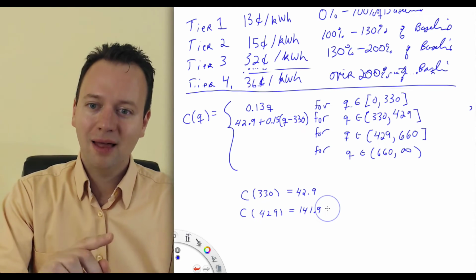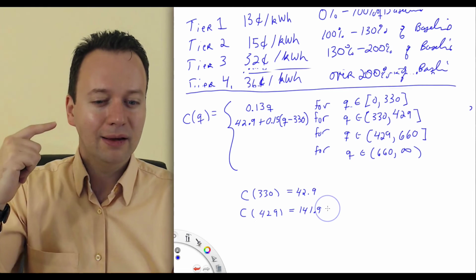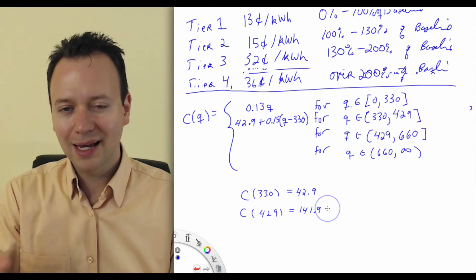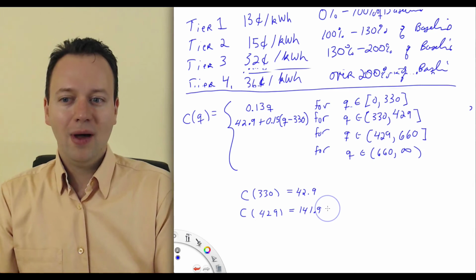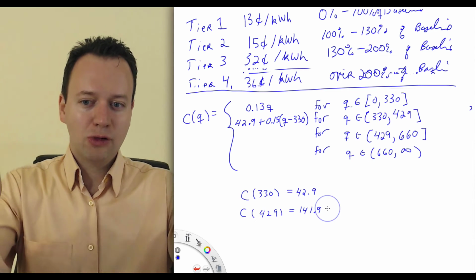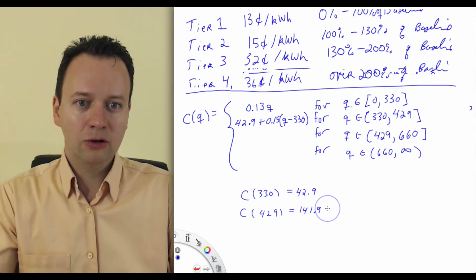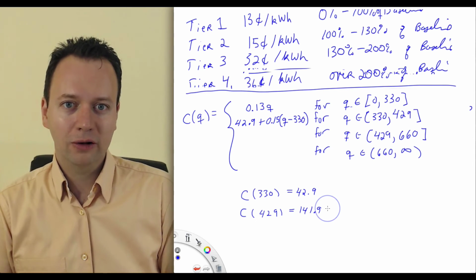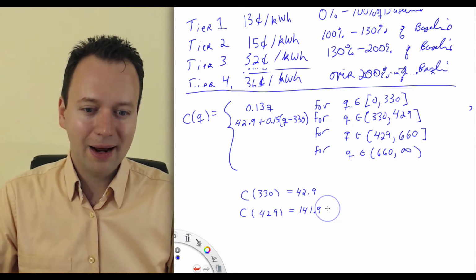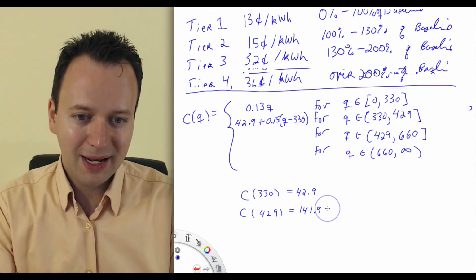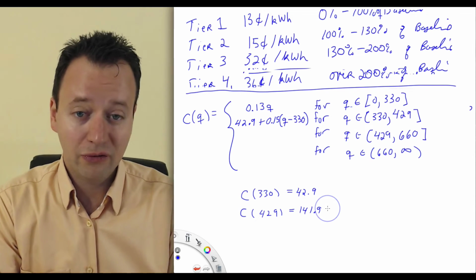But you see, I caught the mistake because I was always thinking, does this make sense intuitively? If your first 300 only costs you $40, why would the next 100 cost you an extra $100? It just doesn't add up, right? So that's 14.85. Okay, so I left off the 0.15.